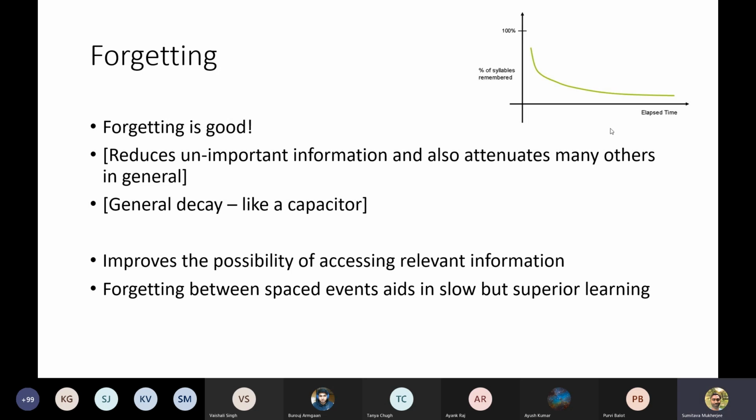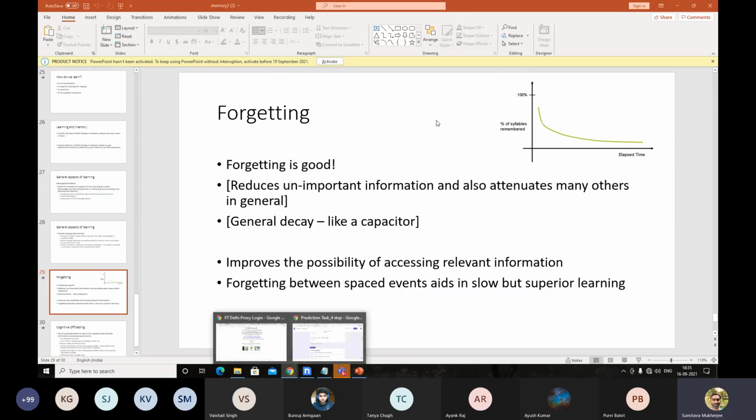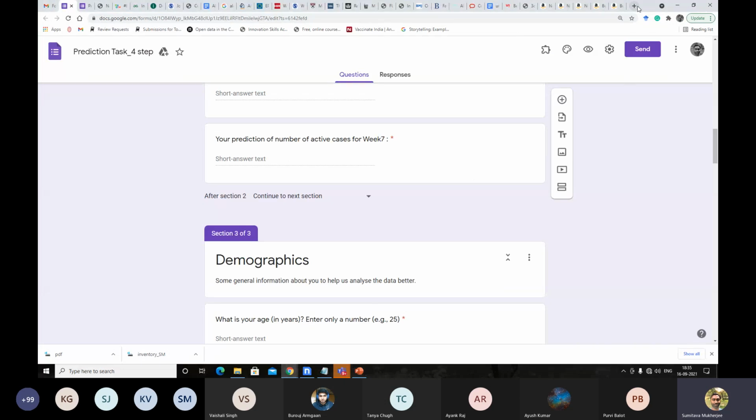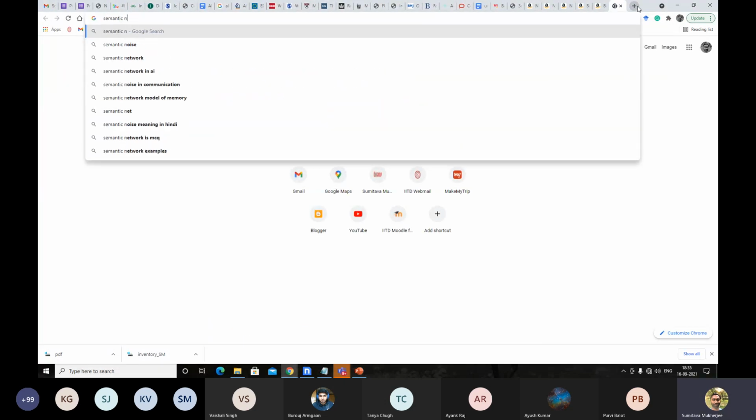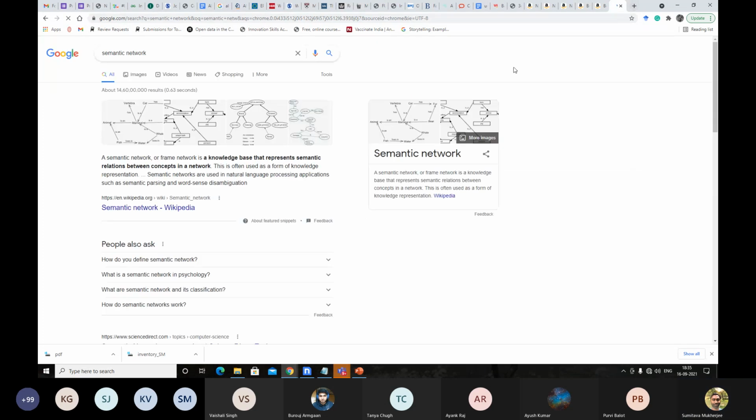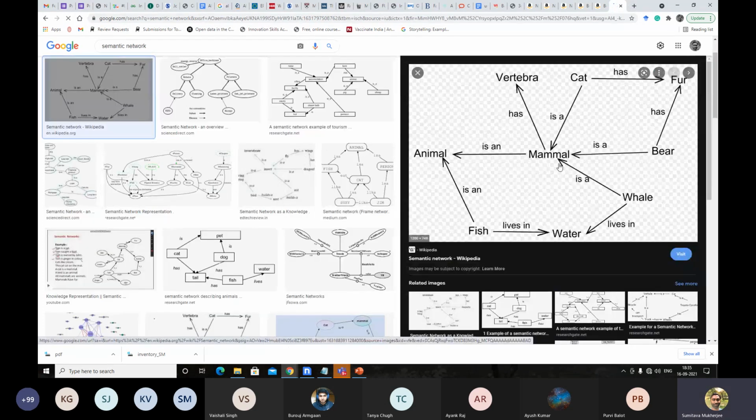Does this make sense? I can Google it up. I don't have a picture, but let me see if I can show you. Yeah, this is what a semantic network looks like. You think of mammal as a concept which is connected to another concept called vertebra, and here you have a relationship: mammal has vertebra.